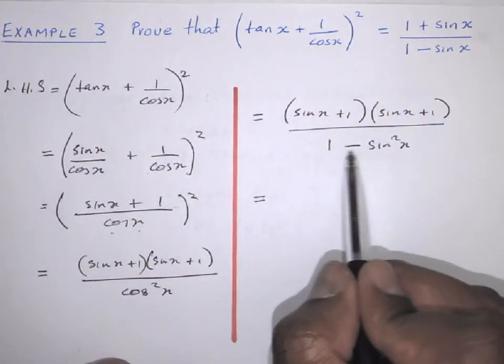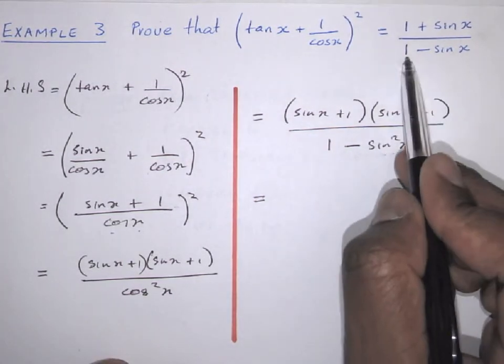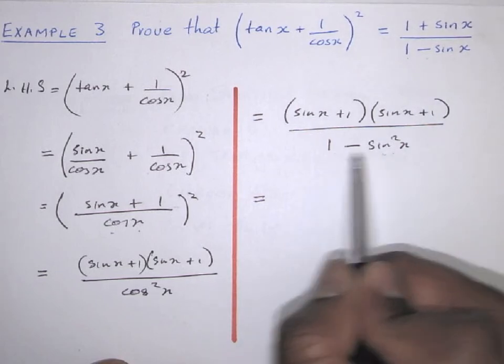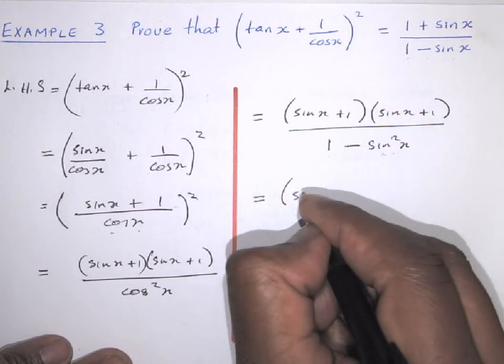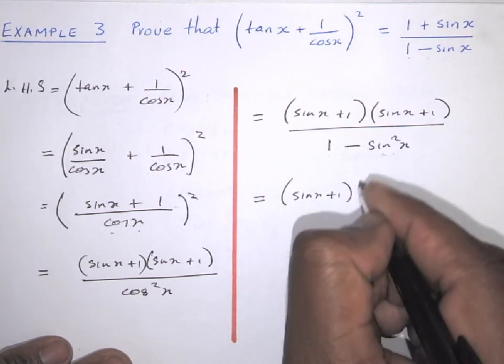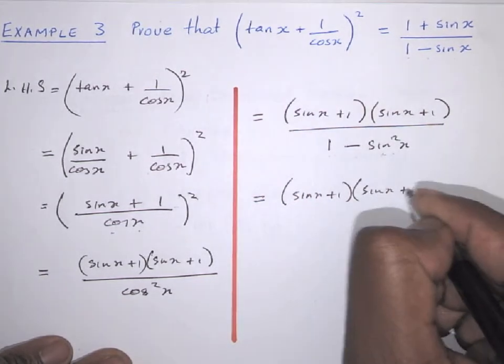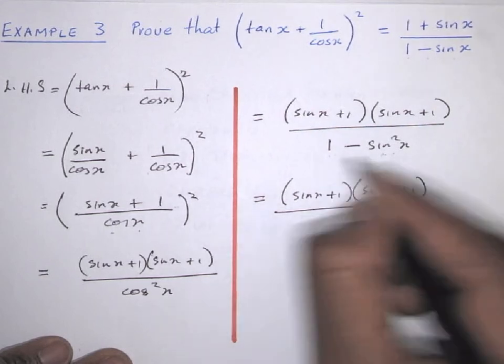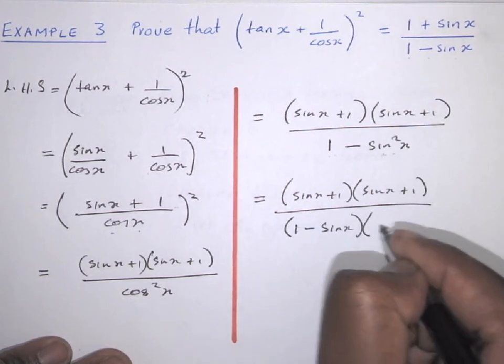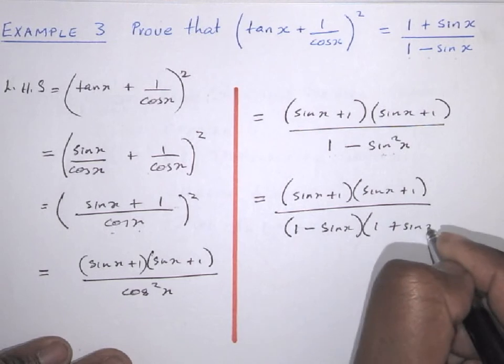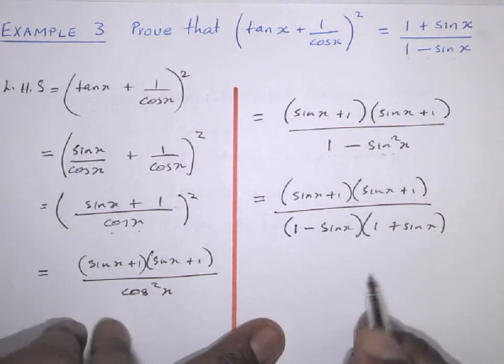Now, of course, 1 minus sine squared x, but I've got 1 minus sine x. But this is a difference of two squares. I can factorize this. So what I've got now is sine x plus 1 times sine x plus 1, over the difference of two squares: 1 minus sine x and 1 plus sine x. You see how important it is to know your algebra.